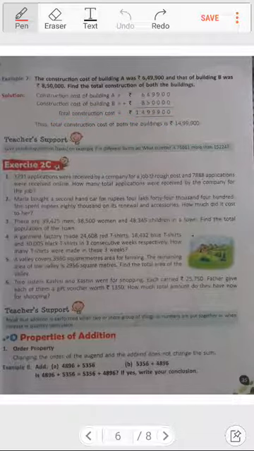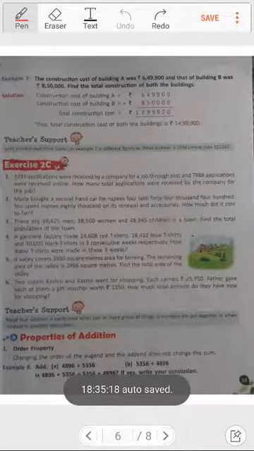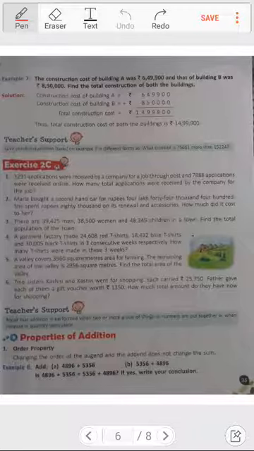So let's see question number 2C. The first question is: 3,291 applications were received by a company for a job through post, and 7,888 applications were received online. How many total applications were received by the company for the job?